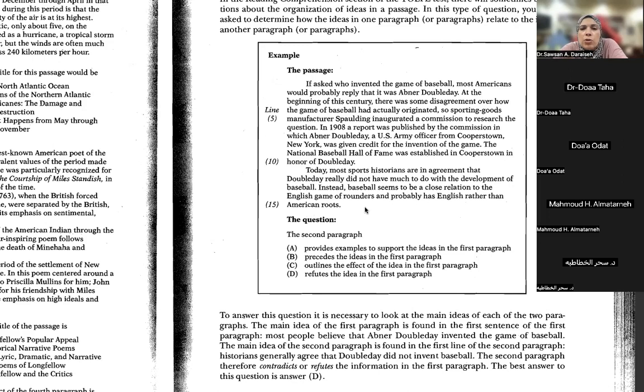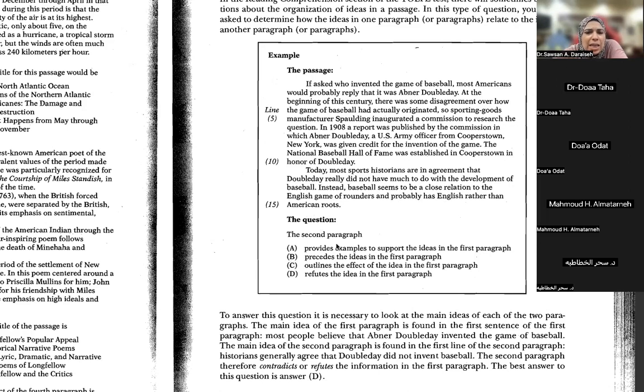Uh-oh. So the commission confirmed that Doubleday invented baseball, but historians nowadays say that he did not invent baseball. It seems that he invented something called rounders, not baseball. And it has English roots, not American roots.